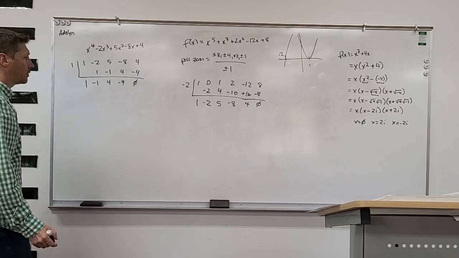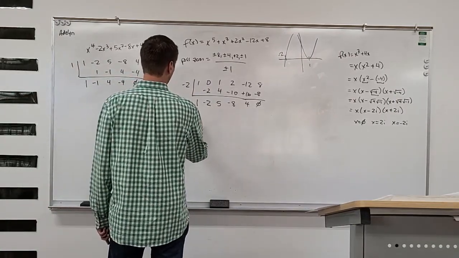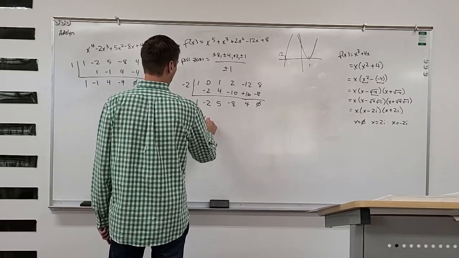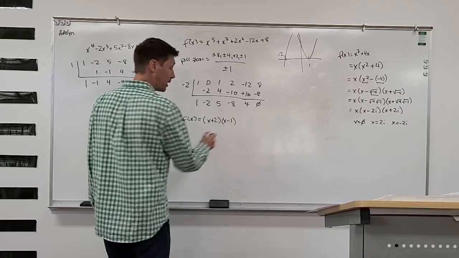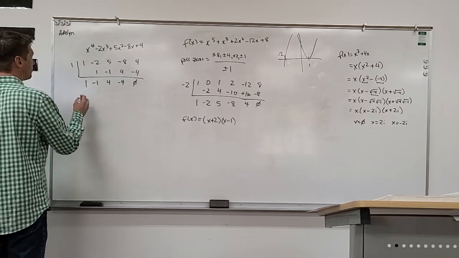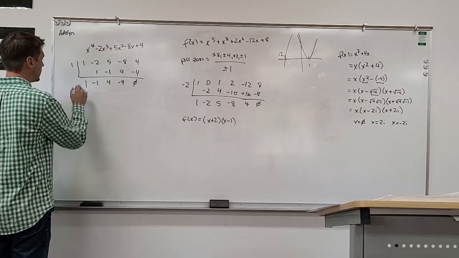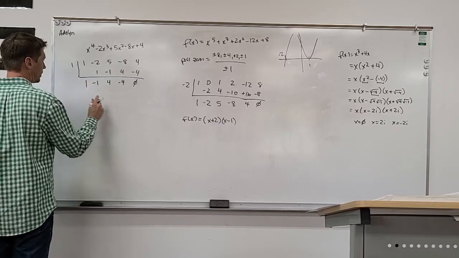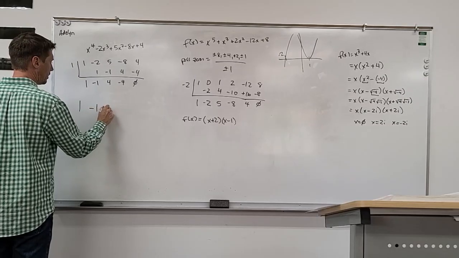So far we know that f of x is equal to x plus 2 times x minus 1. We're still breaking it down further, but we at least know that those are factors of our equation. I'm just going to bring these down instead of rewriting the equation again.